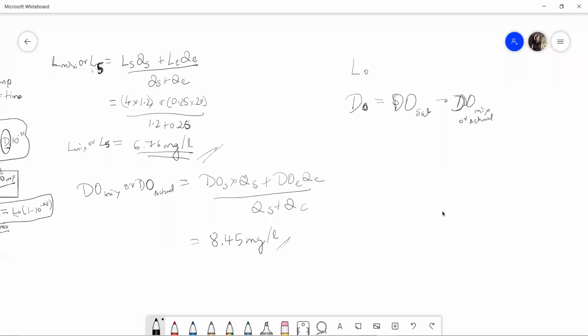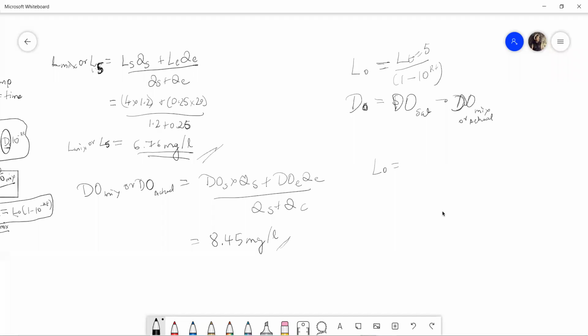L naught is equal to LT divided by 1 minus 10 to the power minus KT, right? This was the formula for finding out L naught. So let us first find out L naught. L naught is equal to LT. Let us consider T as time, T equal to 5.